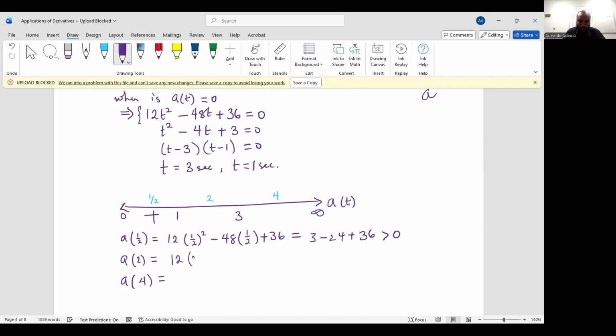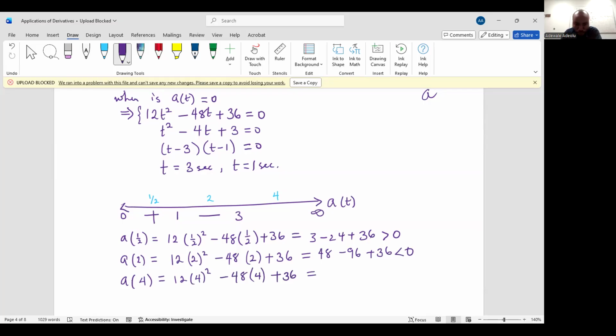So I go to 2. That is 12 times 2 squared minus 48 times 2 plus 36. So that is 4 times 12, that is 48, minus 96. In fact, that is minus 48 plus 36. That will be less than 0. So here is negative. Now a of 4, that is 12 times 4 squared minus 48 times 4 plus 36.